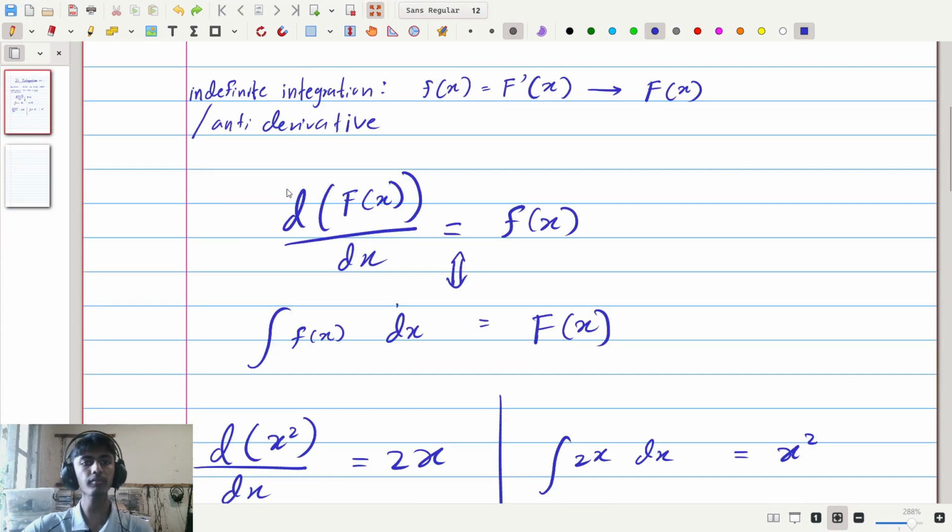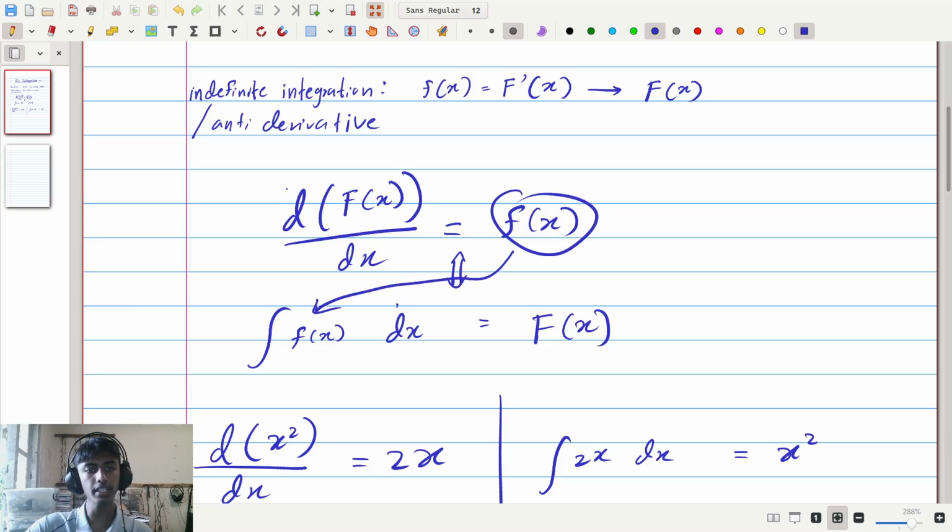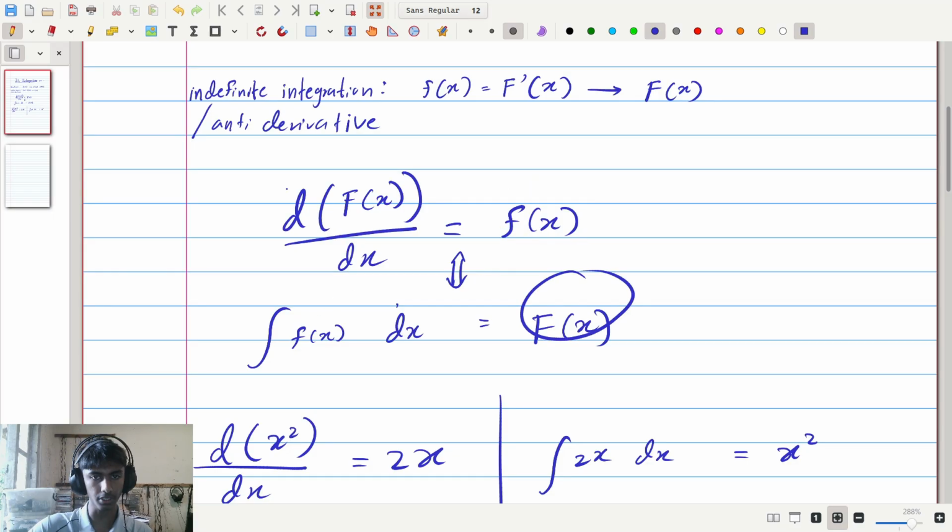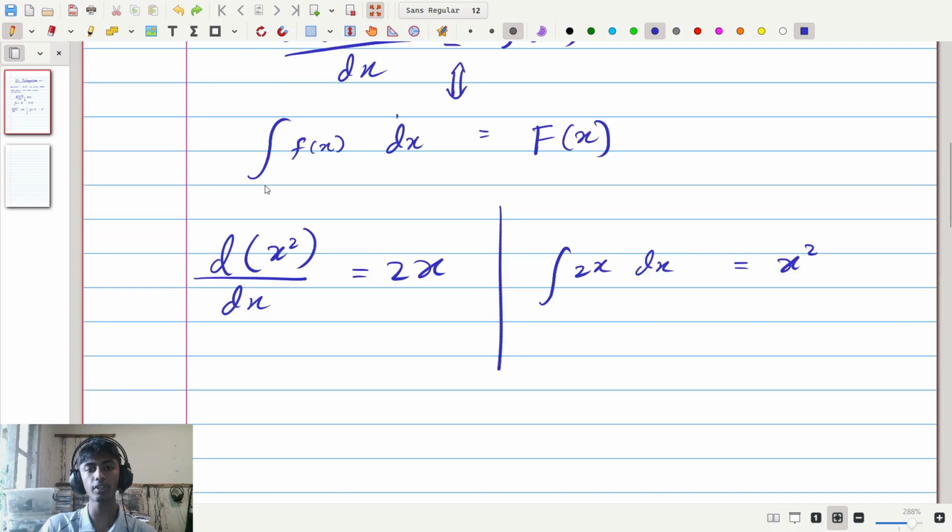If we take the derivative of a function and get a different function, then when we integrate that function, we should get back our original function. So here, we would expect that the integral of 2x with respect to x, in this notation, would be equal to x squared.